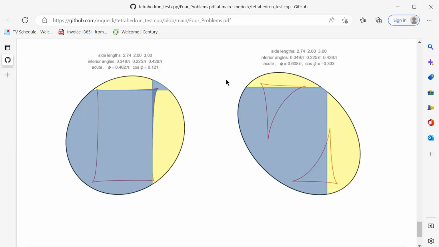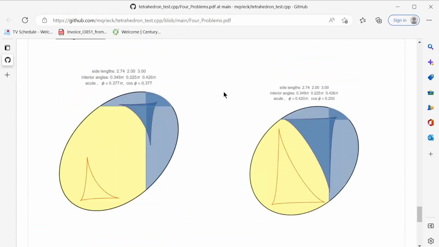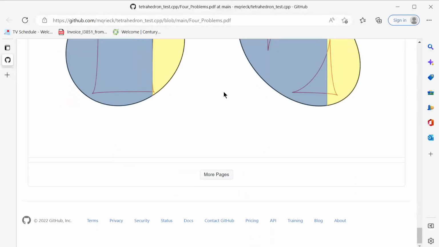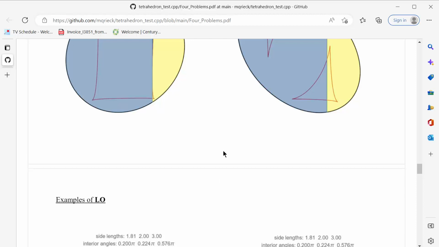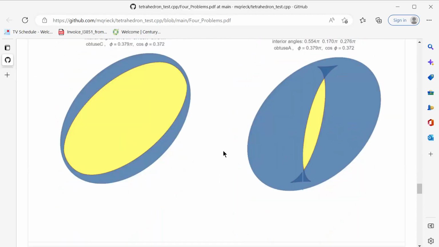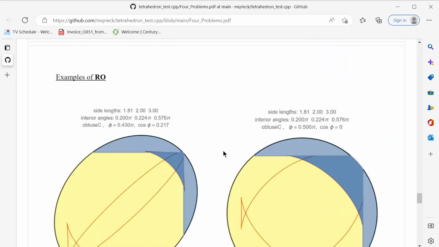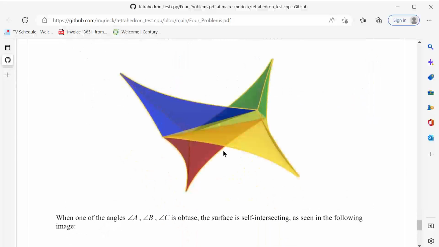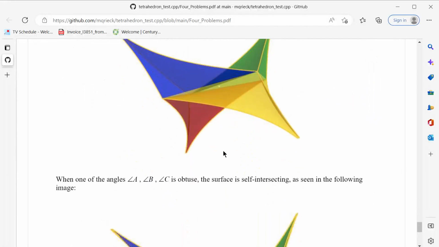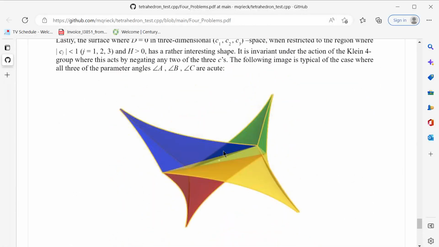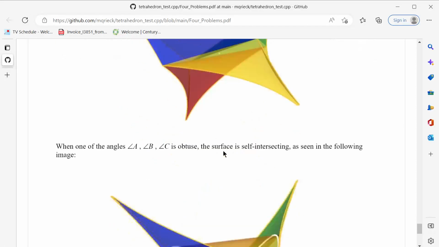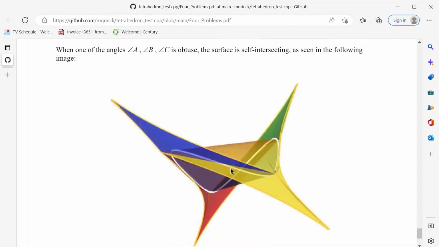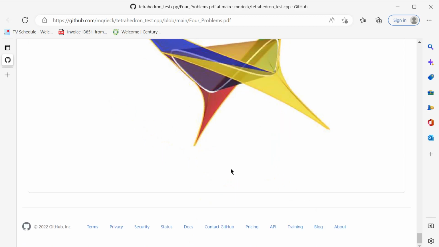But now you understand what those figures mean. So these figures are for the RA problem, and then there are figures for the LO problem, and then there are figures for the RO problem. I also have these three-dimensional figures that I showed you. So that's that surface in the case of an acute triangle ABC. This is that surface in the case of an obtuse triangle ABC.